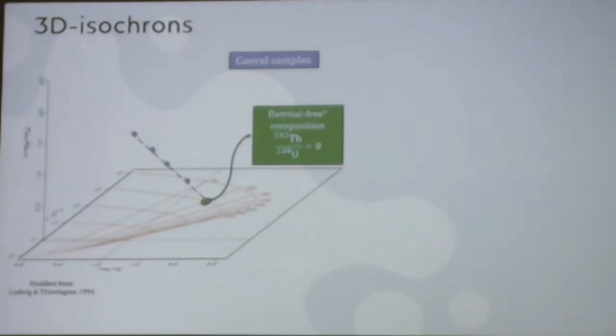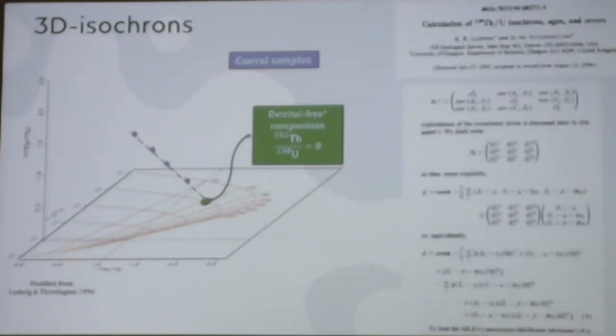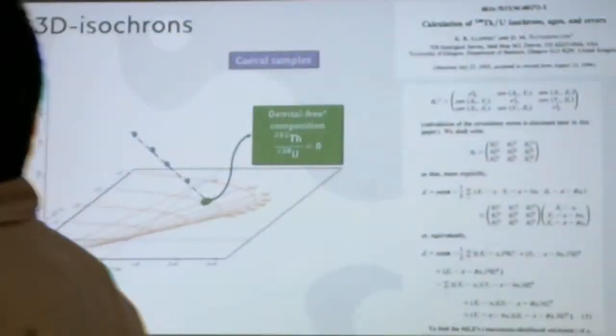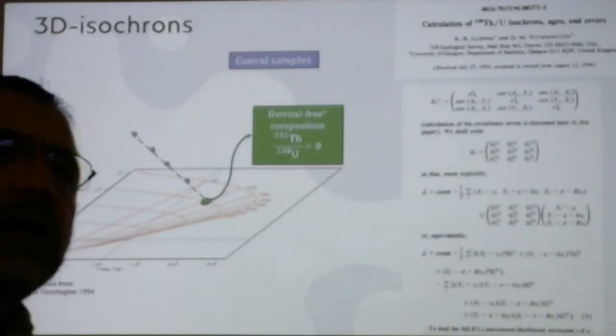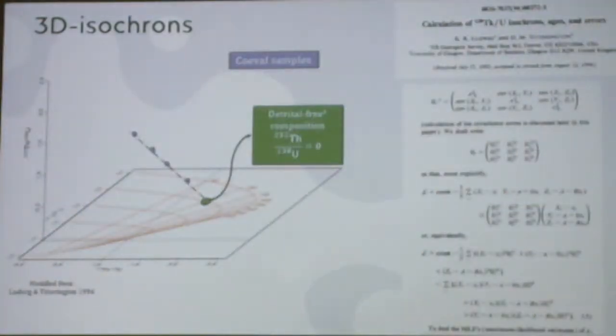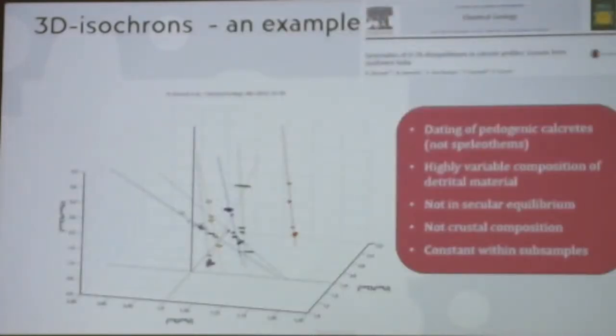And the detrital composition will be somewhere over here, over here, over here, or out of scale. The maths to do that can get quite complex, because now you're doing a regression considering the uncertainties in three dimensions, so it's very complex algebra. Lucky for you, lucky for me, lucky for all of us, you don't have to do it.